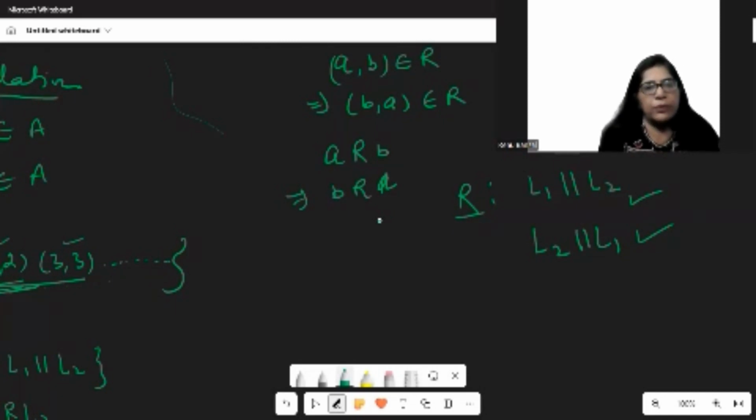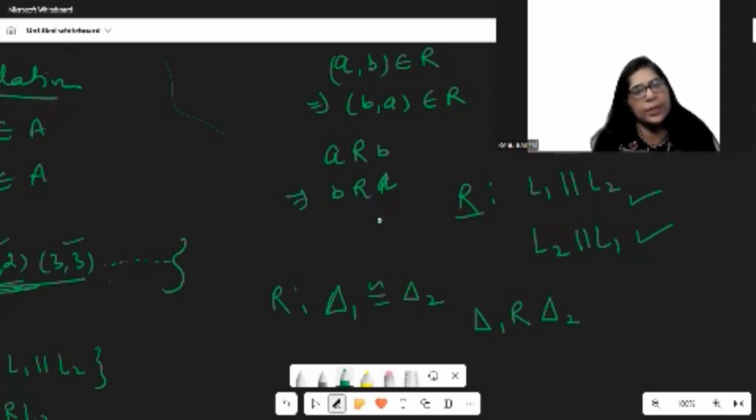One example we will be taking: triangle 1 is congruent to triangle 2. So this is the relation. That means triangle 1 is related to triangle 2. The relation is of congruency.